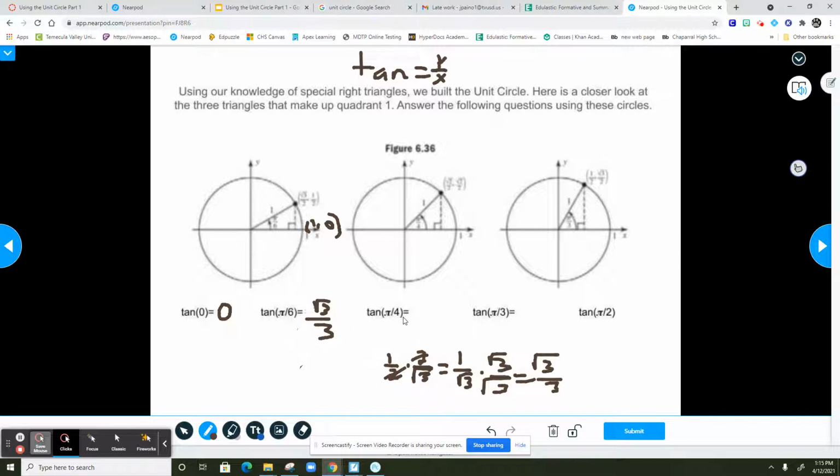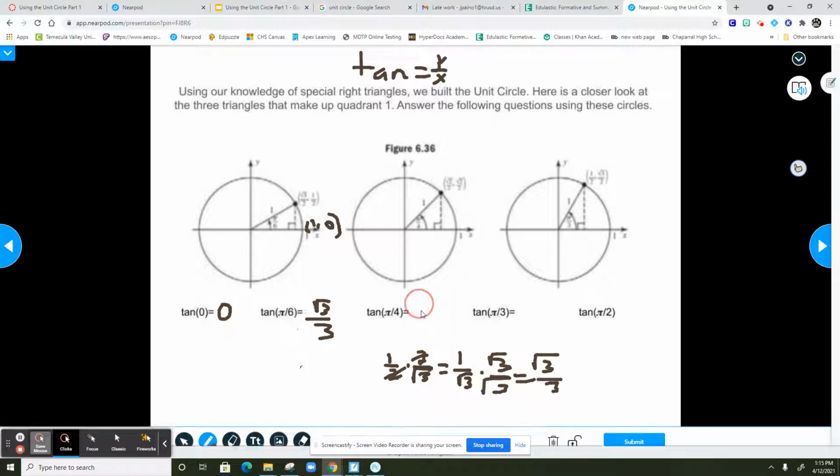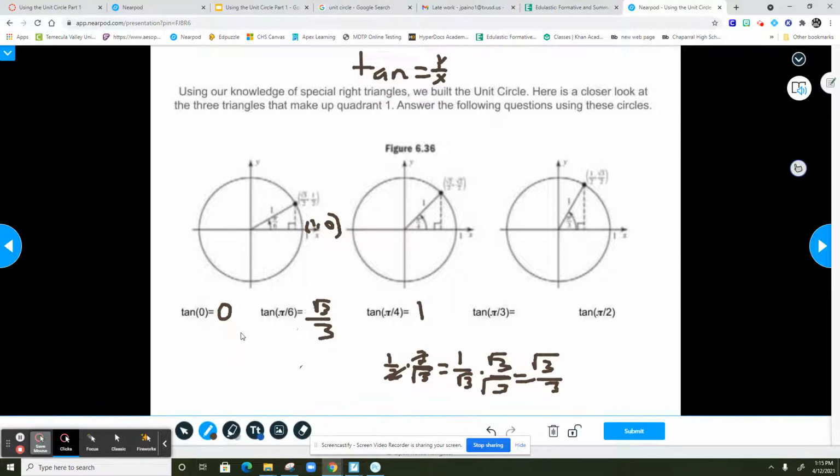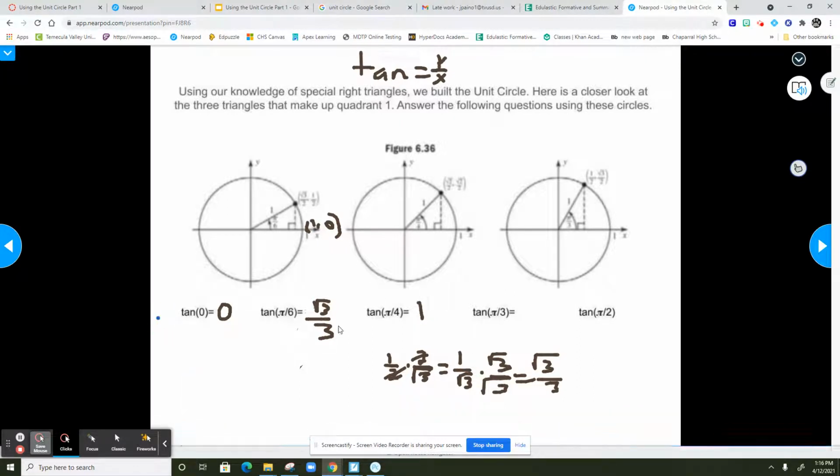Tangent of pi 4 is going to be a little bit easier because here x and y are the same thing. Whenever you're dividing by the same thing, that answer is just 1. Tangent of pi thirds, again, y over x. This one's going to be a little bit easier. Let me show you the work. Remember, it's rad 3 over 2 divided by 1/2.